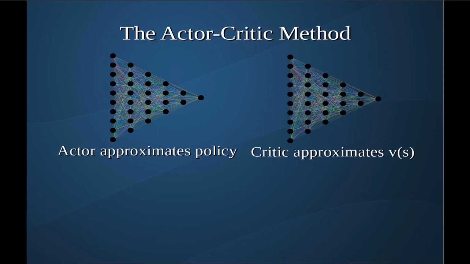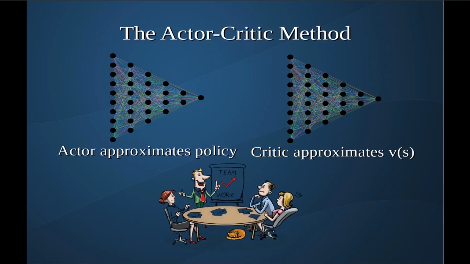The critic acts just like any other critic, telling the actor how good each action is based on whether or not the resulting state is valuable. The two networks work together to find out how best to act in the environment. The actor selects actions, the critic evaluates the states, and then the result is compared to the rewards from the environment. Over time, the critic becomes more accurate at estimating the values of states, which allows the actor to select the actions that lead to those states.